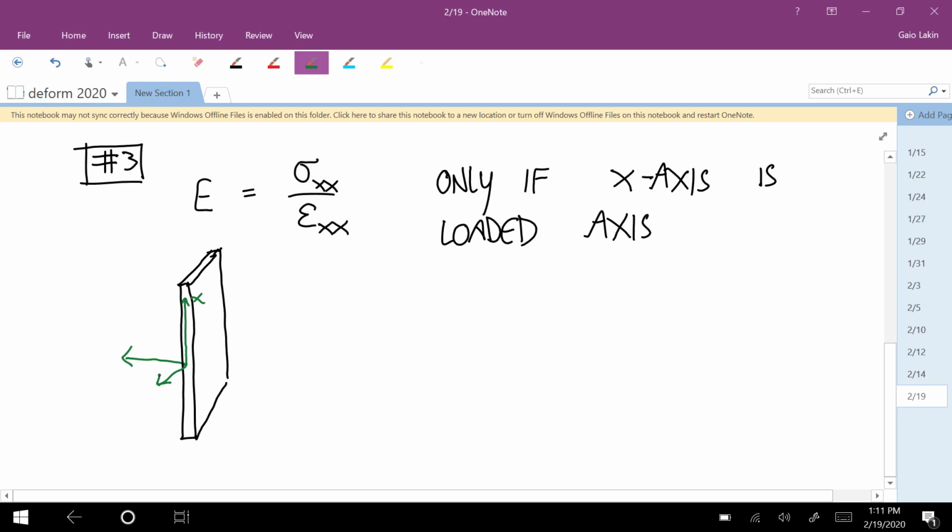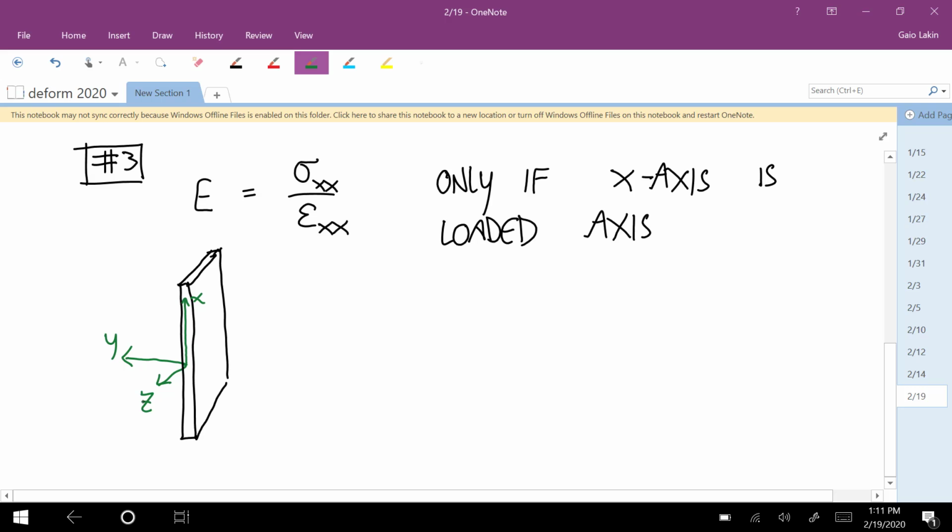It doesn't matter which you choose. But if you choose up to be your y-axis, because I know we're pretty used to having y-axes up, then the formula for Young's modulus has to be sigma yy over epsilon yy. Because that Young's modulus has to come from the loaded axis.